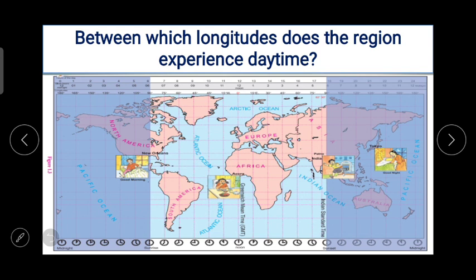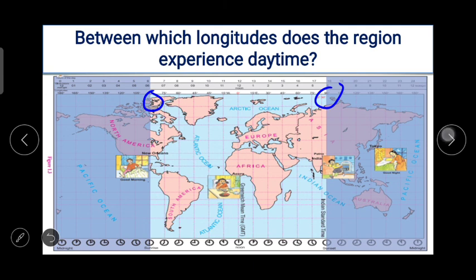The questions here: between which longitudes does the region experience daytime? Observe this very carefully, and then you can answer. 90° west and 90° east.